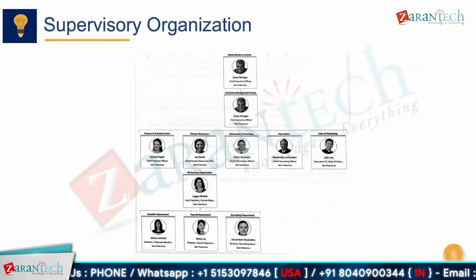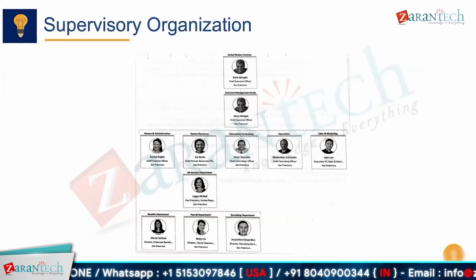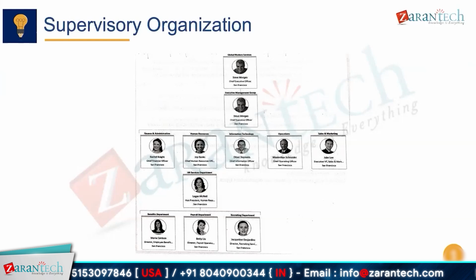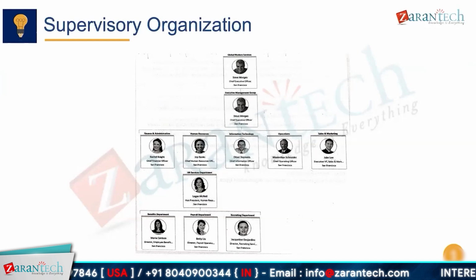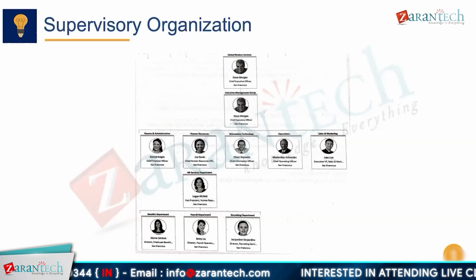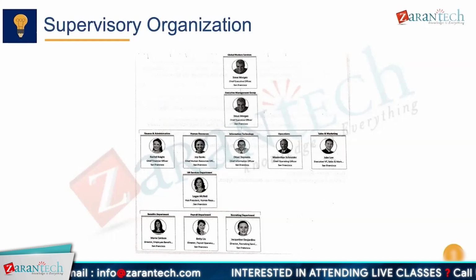Person A is the manager of the recruitment supervisory, person B is the manager of the training supervisory, and person C is the manager of the performance management supervisory. And under these supervisories, there can be multiple members. So it's a structure. It all depends how big your organization is and how you have structured it.